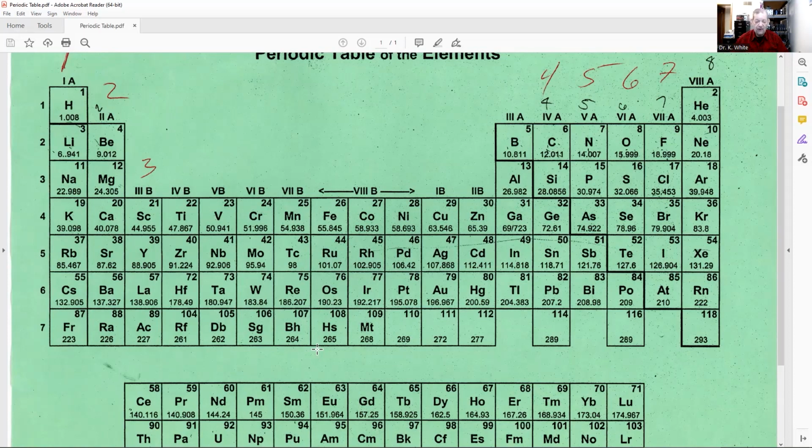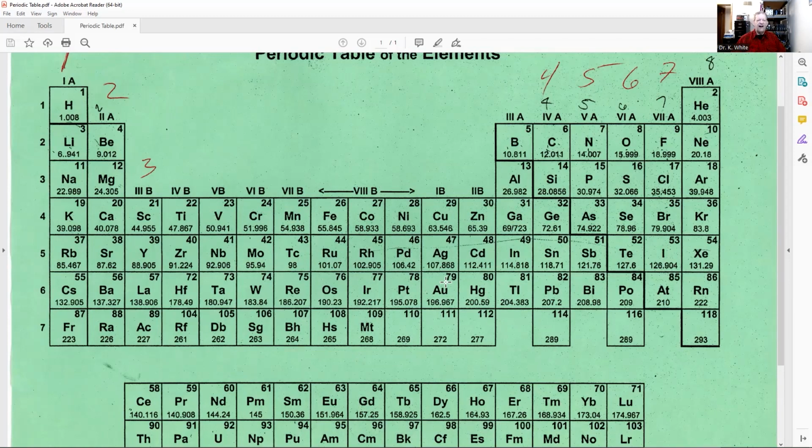All right, let's do it. The question is, how many protons and electrons does gold have? So you have to find gold on the periodic table. Chemical symbol is Au. That's right here. And it has an atomic number of 79.